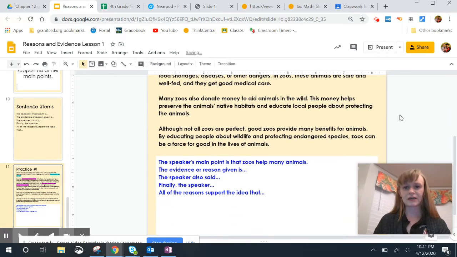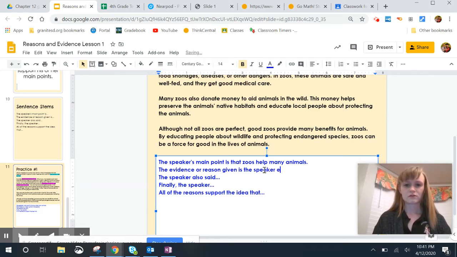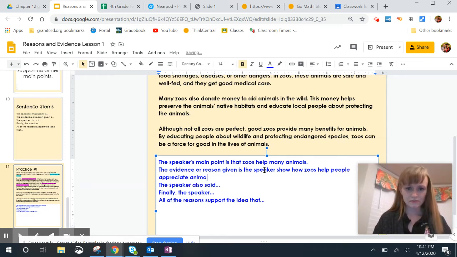So now I'm going to come down here and share that in my own words. So the evidence or reasoning is the speaker shows how zoos, oh my gosh, I keep spelling zoos wrong, help people appreciate animals.